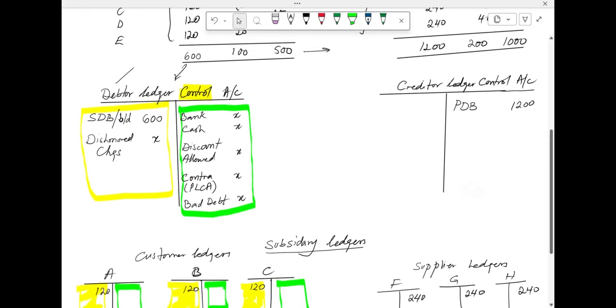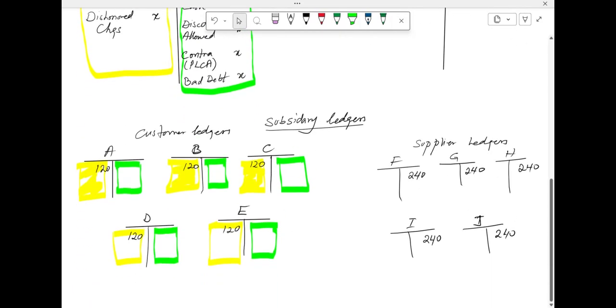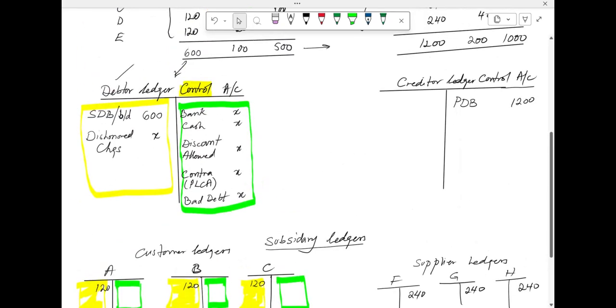Now you can see the 1200 is the breakdown of 5 suppliers, £240 each. So whatever is reflected in the creditor ledger control account will be reflected in the individual accounts. So let's see what else is recorded here.